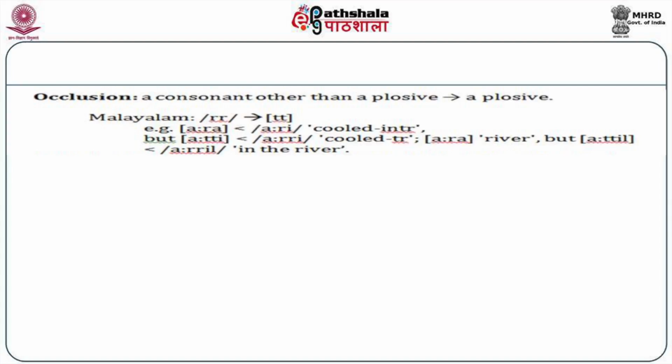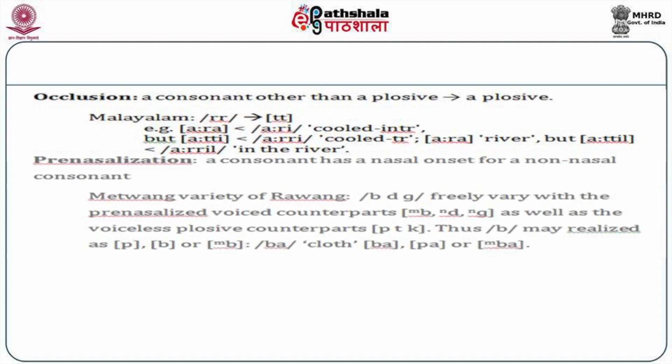Ari, cooled intransitive verb, is ara, but arri, cooled transitive verb, is pronounced as ati. Similarly, ara means river, but aril becomes atil. Now in Malayalam, geminate rs are always pronounced as geminate ths. That means a trill is occluded in Malayalam between two vowels.